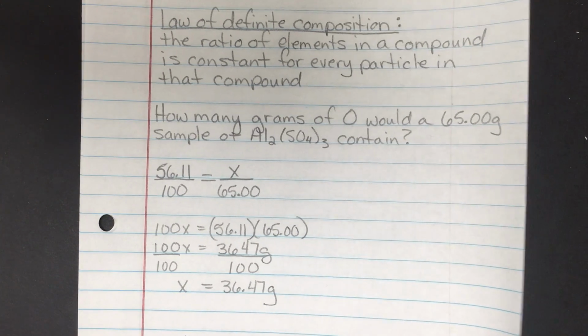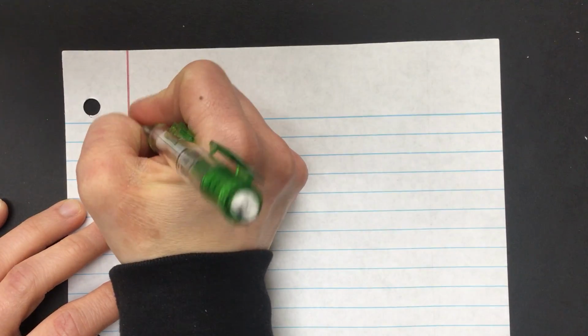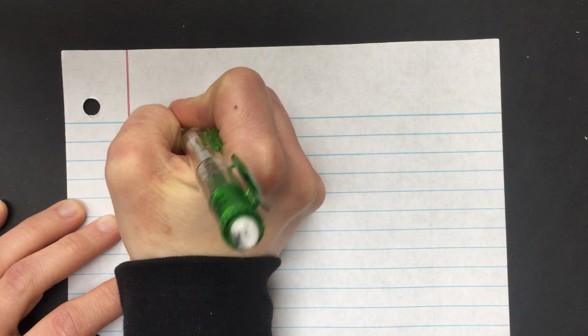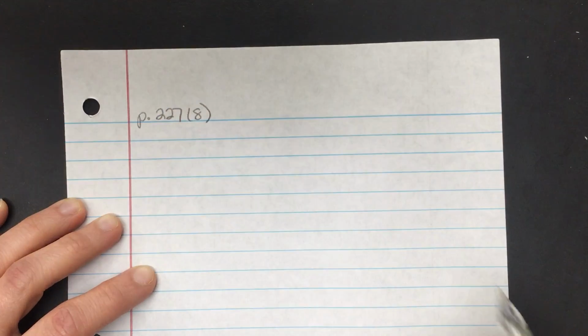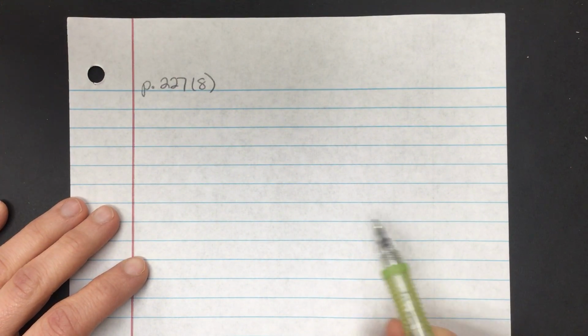So let's go on, and I'm going to do problem number 8 from page 227 of your textbook. And the question says, DDT, an insecticide banned in the United States, has the formula C14H9Cl5.